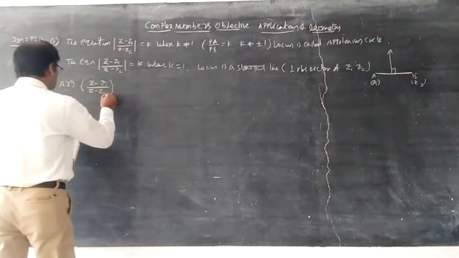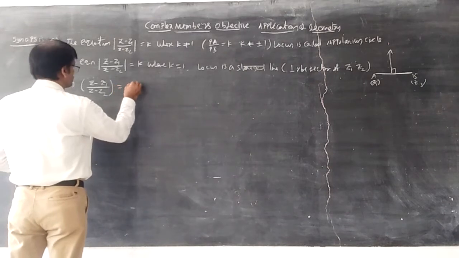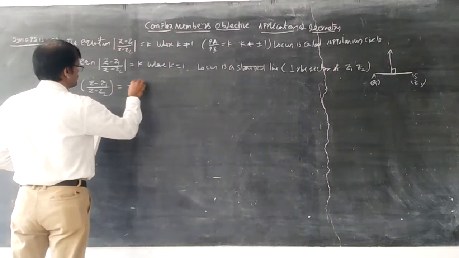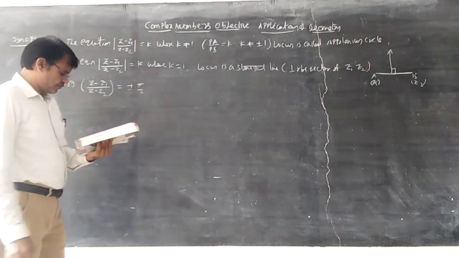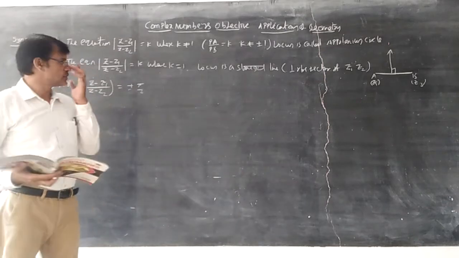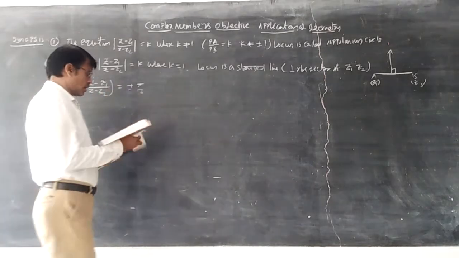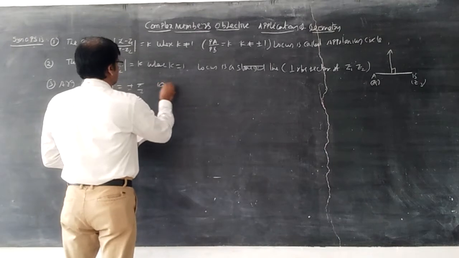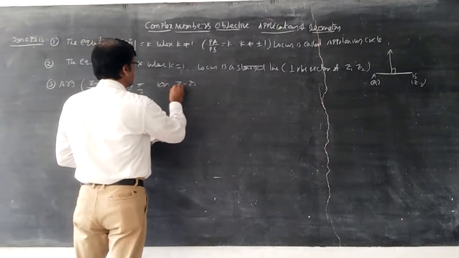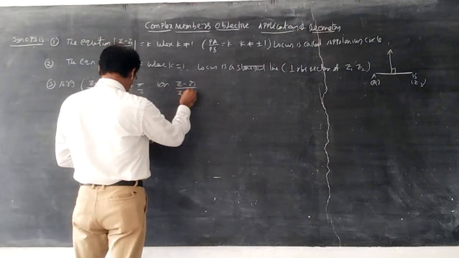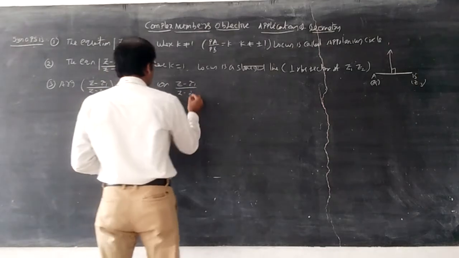Next, argument of z minus z1 by z minus z2 is equal to plus or minus pi by 2. Another notation: z minus z1 by z minus z2 is purely imaginary.